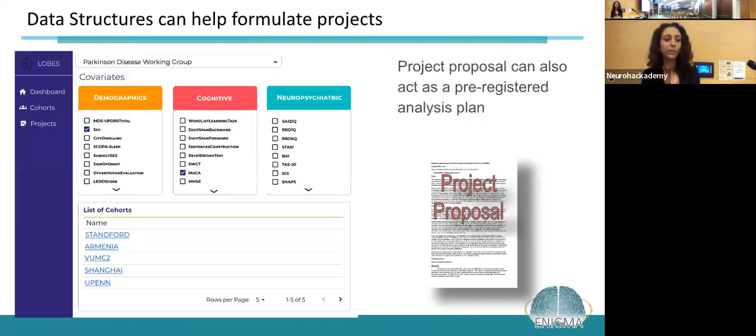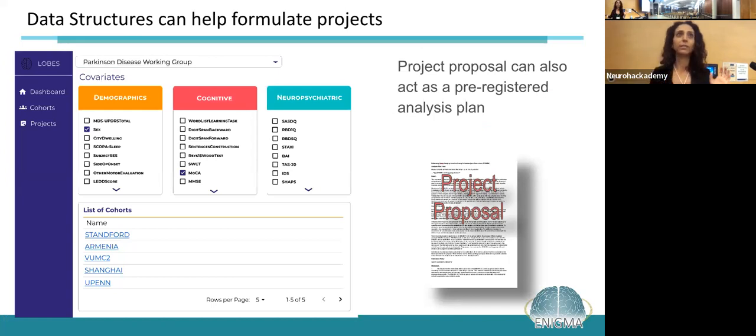And so within each working group, we're trying to structure a lot of the data types. So this is a lot more challenging than trying to work with the neuroimaging, is to try and figure out the types of data that each group has collected.